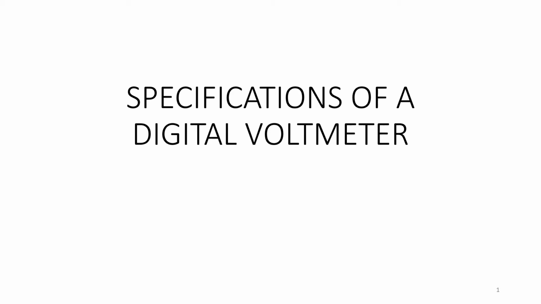It works on the principle of quantization. Quantization is the process of converting the continuous input signal into a countable output signal. So the instruments that are used to express the measured quantity in numeric format are known as digital instruments.